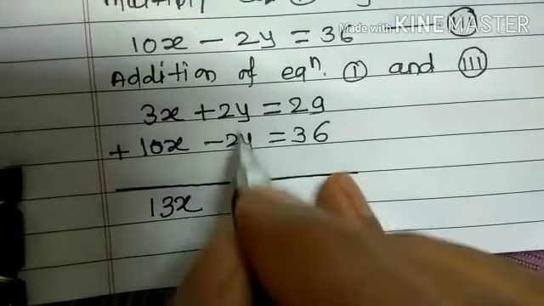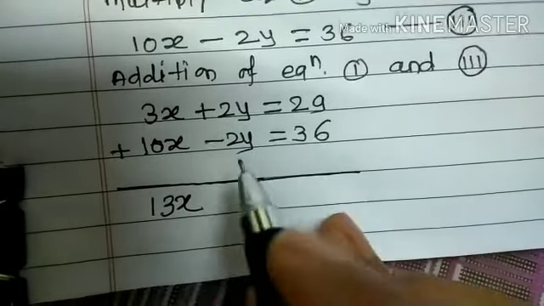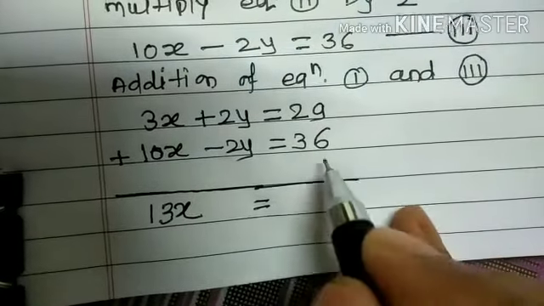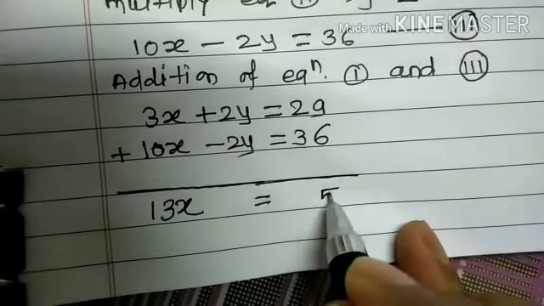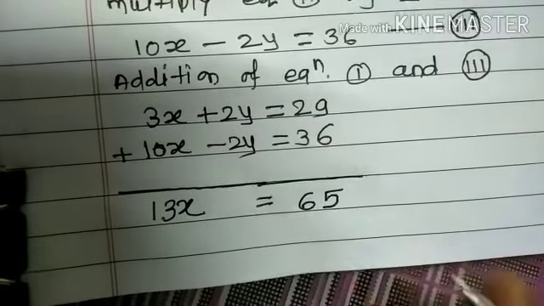This 2y and this 2y have opposite signs, plus and minus, therefore they will cancel to 0, and the addition on the right is 65.